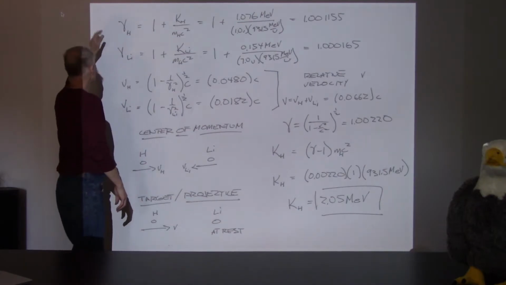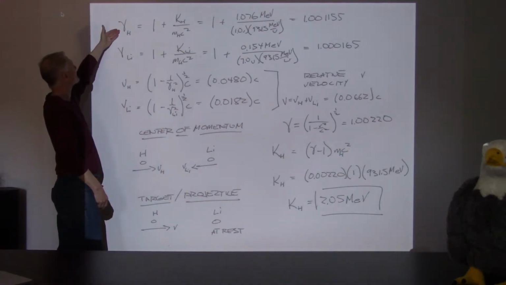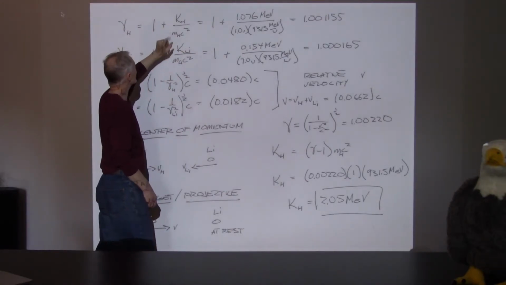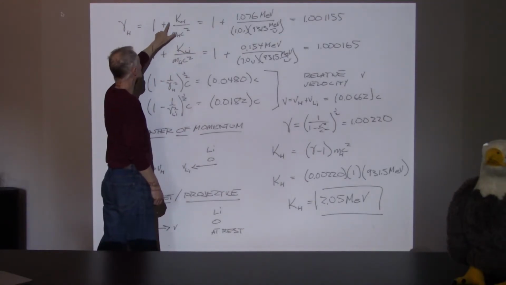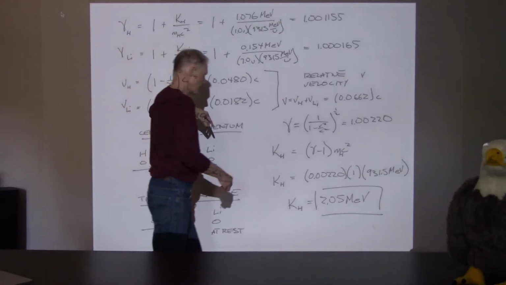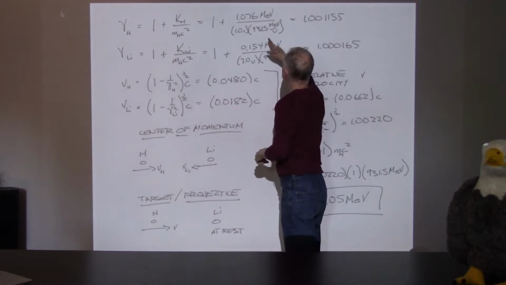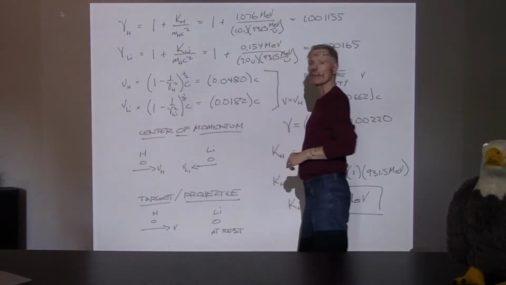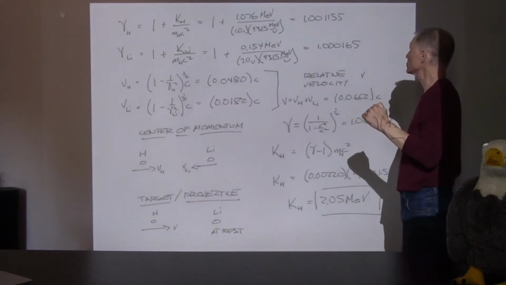And I went back and did the whole special relativity thing. I solved for gamma using 1 plus kinetic energy over mass. Now for the hydrogen, 1.076 MeV of the kinetic energy that we solved for on that previous page is in the hydrogen.